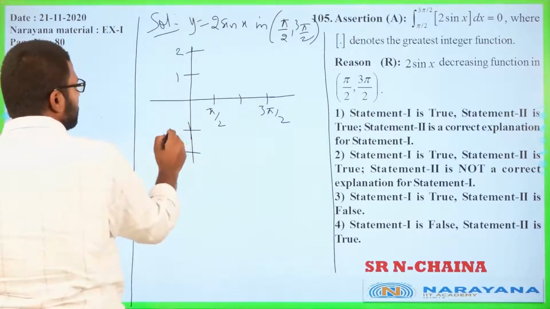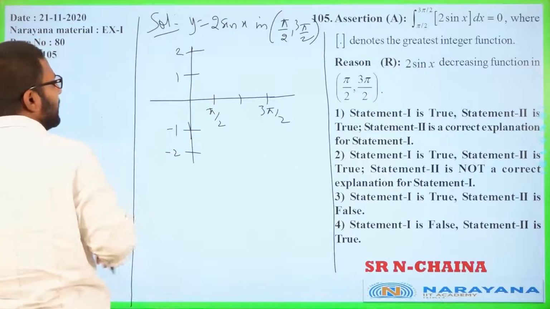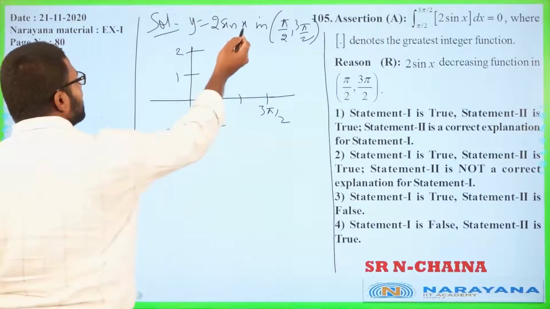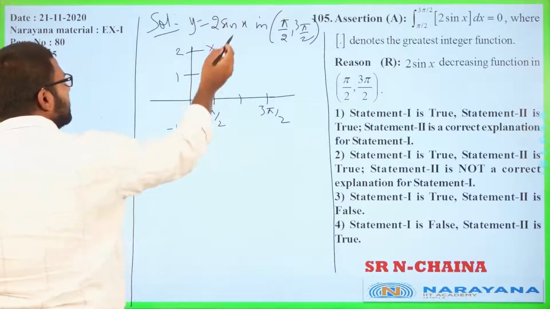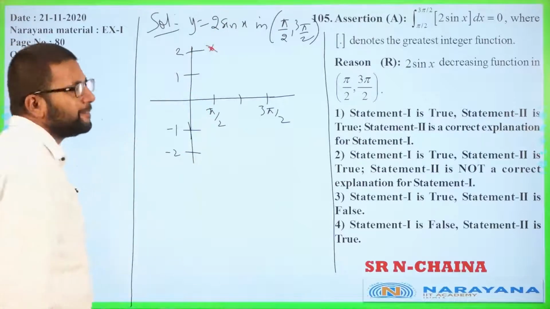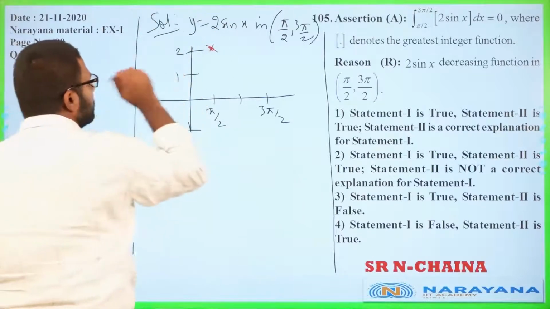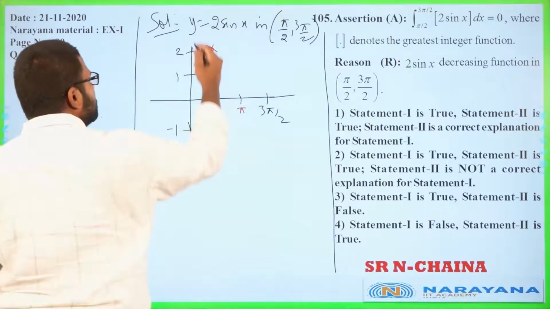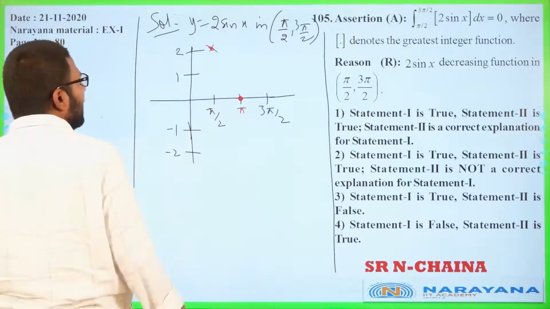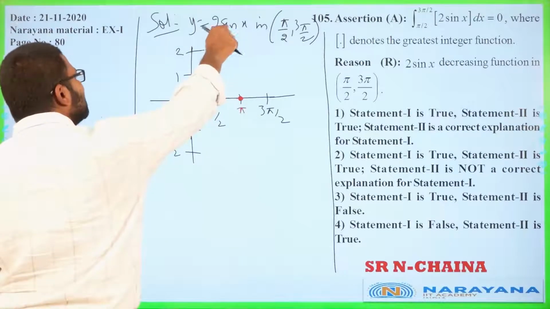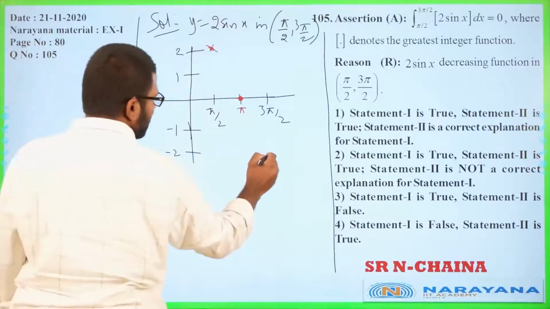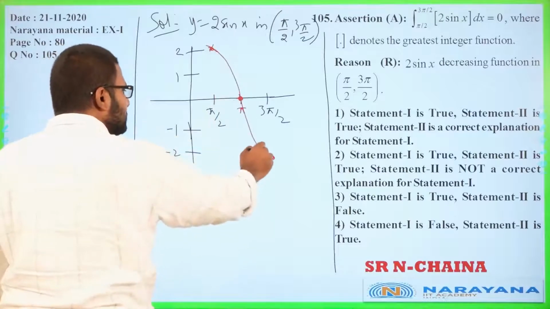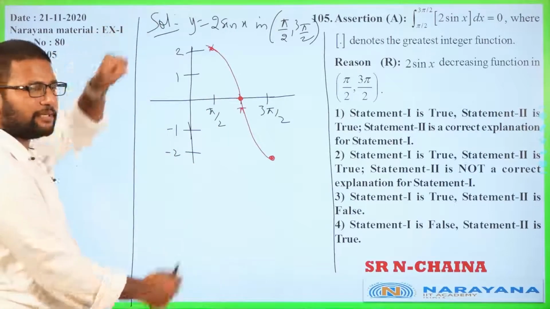This is 2, 1, minus 1, minus 2. Clearly at pi by 2, put pi by 2 here, y is 2, since sin pi by 2 is 1. And then when x is at pi, this is pi, this is 0, right? And when x is 3 pi by 2, we know sin 3 pi by 2 is minus 1, 2 into minus 1 is minus 2. So basically the same shape as y equal to sin x, stretched.